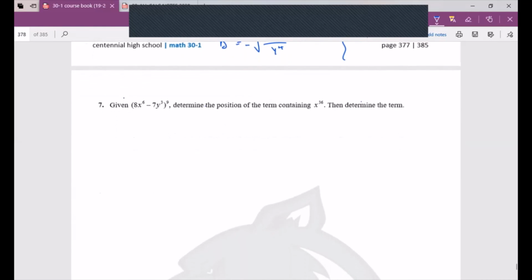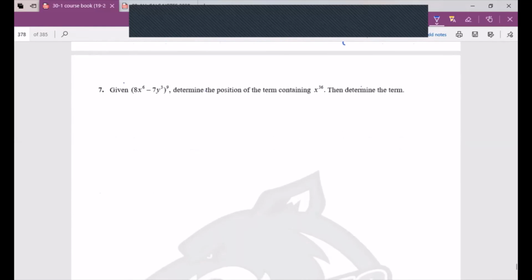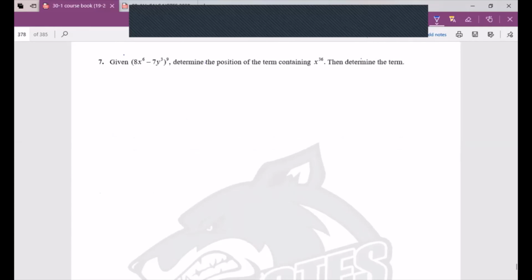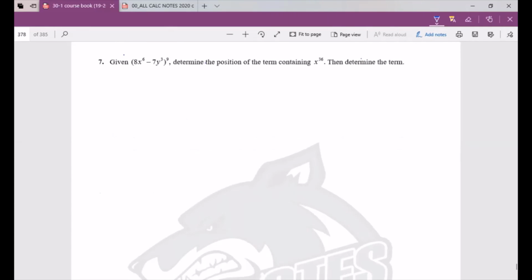And so for our last one of this workbook and the last one of the course, given 8x to the 6 minus 7y cubed, all to the 9, determine the position of the x to the 36 term, and then determine that term. So n is equal to 9, k we don't know, big X is 8x to the 6, big Y is negative 7y cubed.